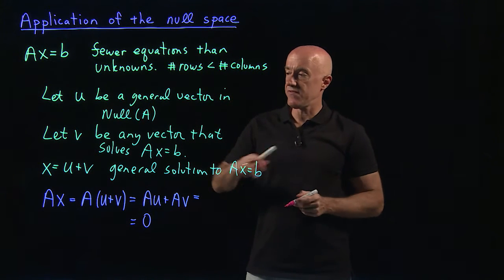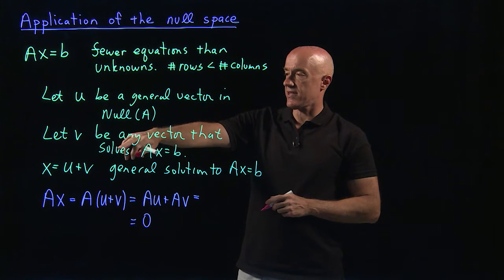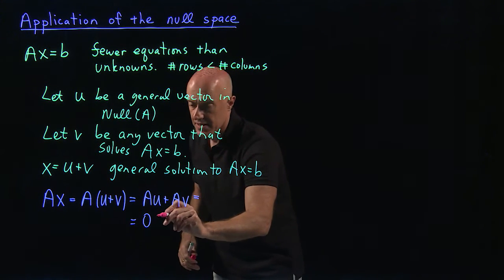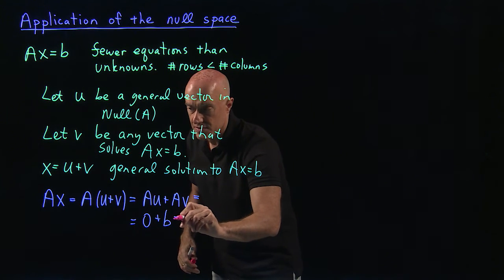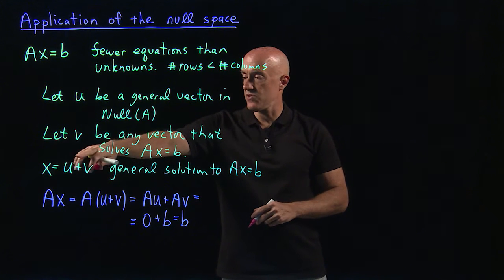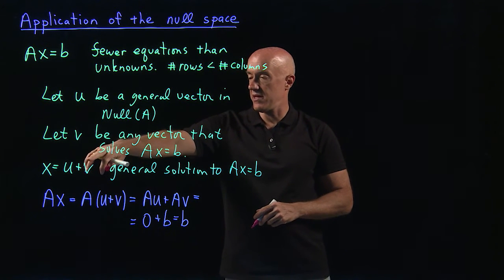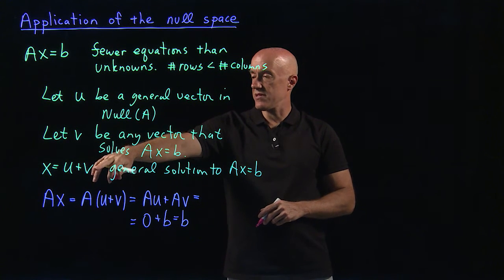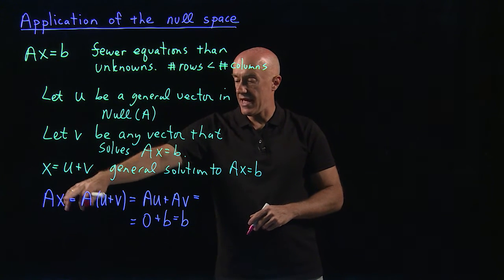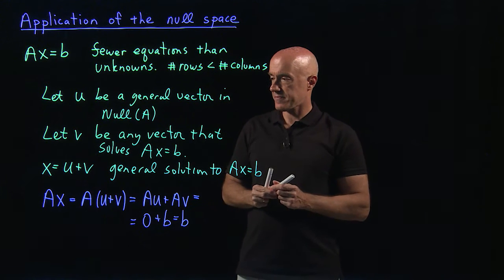And v is a vector that solves Ax equals b, so A times v is equal to b. So this is b. So x, the null space vector plus any vector that solves Ax equals b, then gives us Ax equals b.